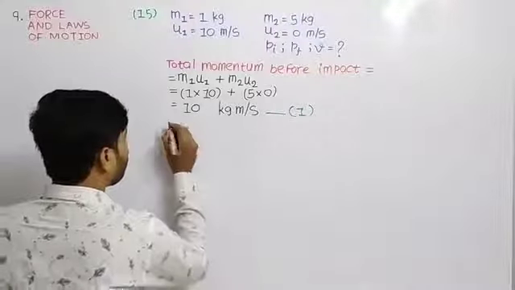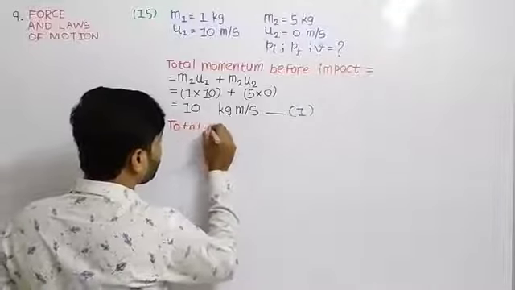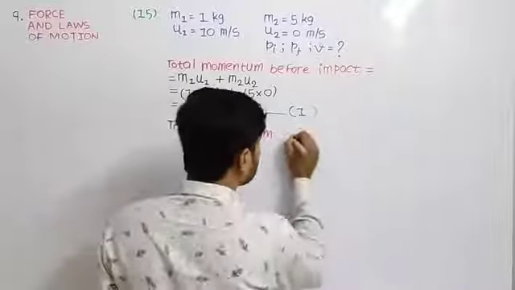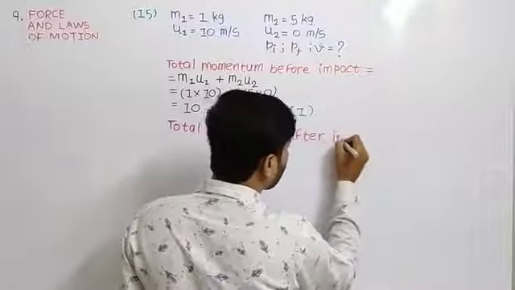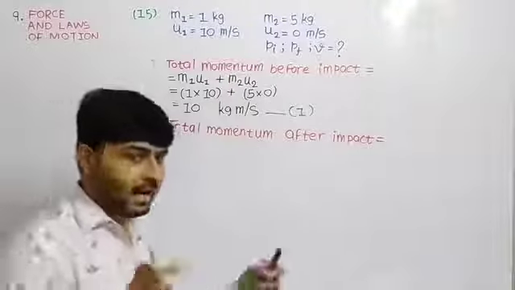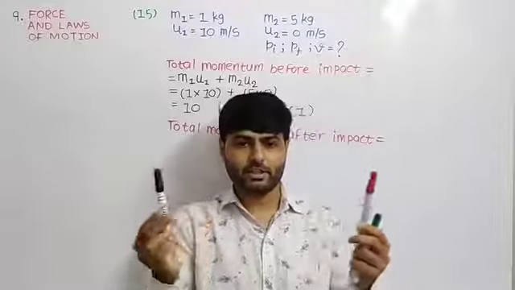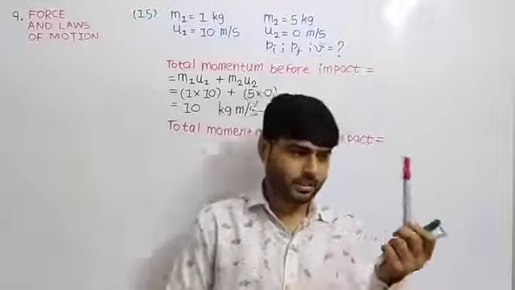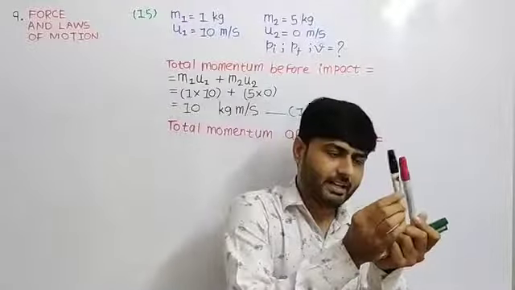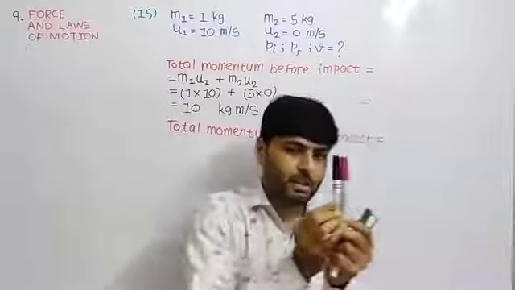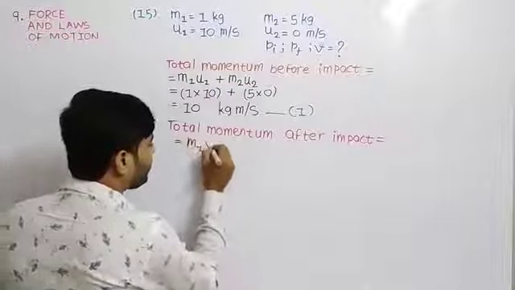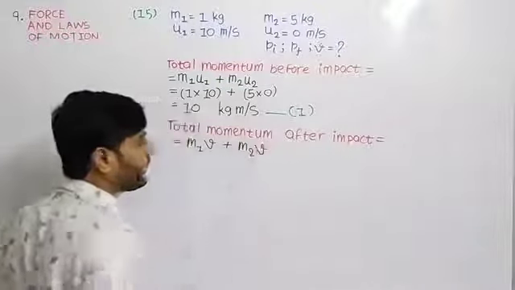Now total momentum after impact. Both objects will stick to each other, which means this object is stationary, like this wooden block, and this object comes near it and they stick together, and now they will move combined. So I have m1 into v plus m2 into v.